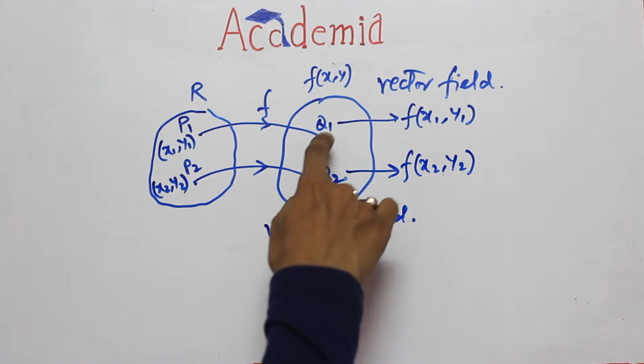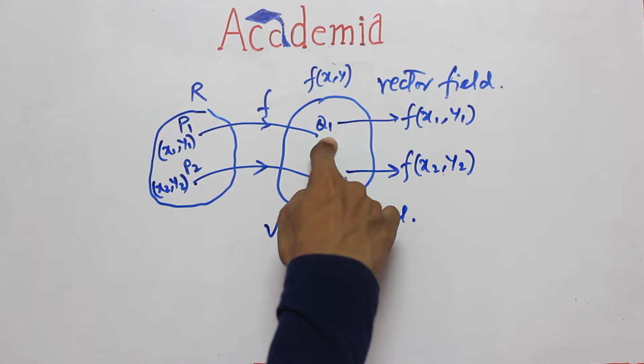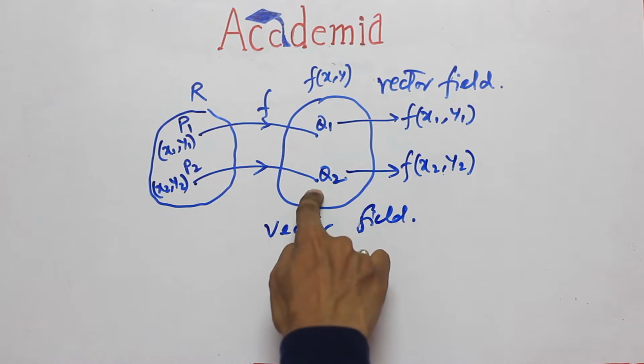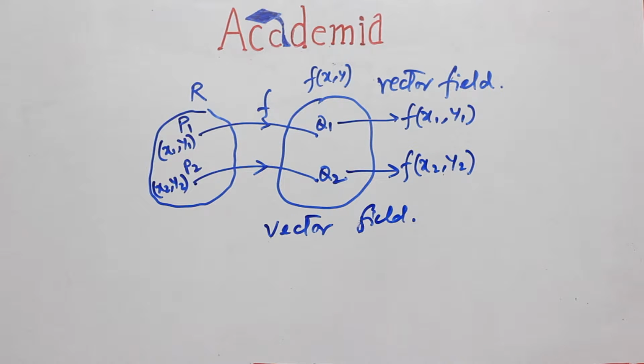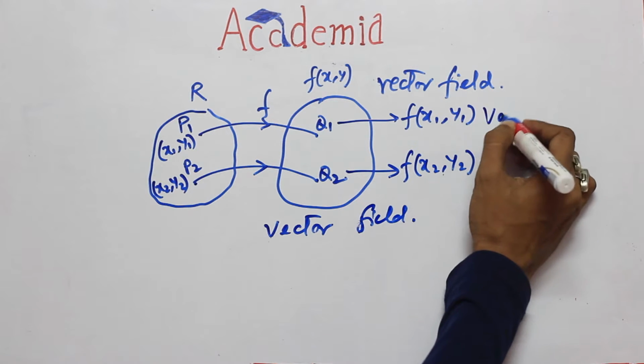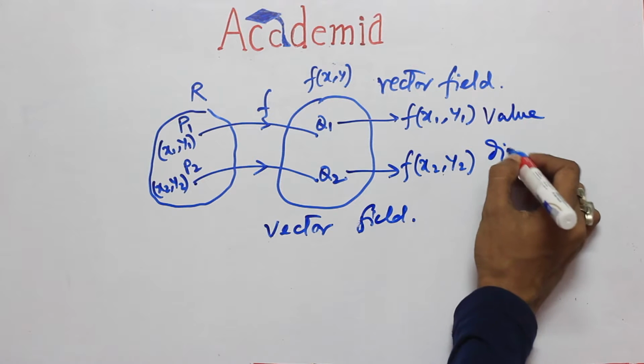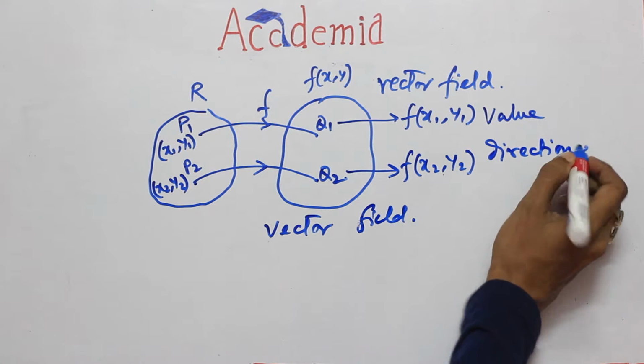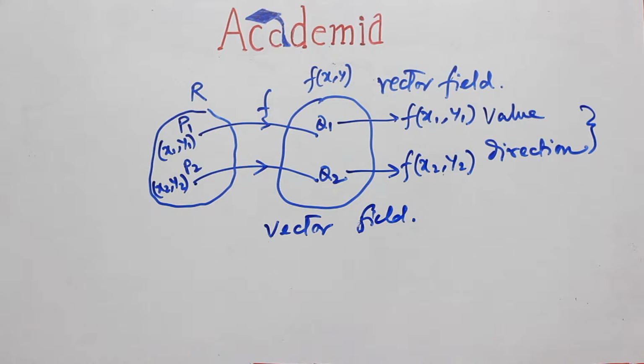Now both the value and direction change from q1 to q2 in this vector field. How fast is this change happening? What is the nature of this change? That is complicated here, since both the change in value and change in direction have to be considered together.